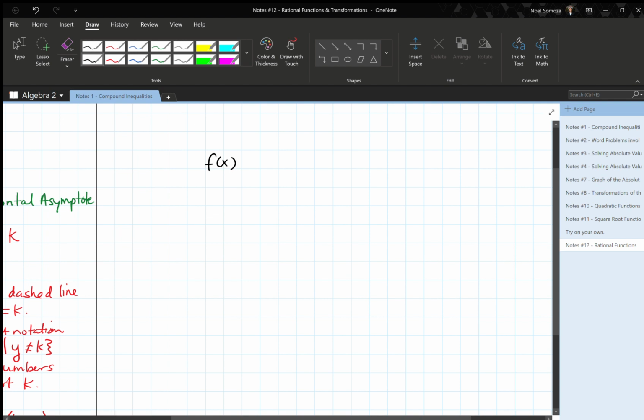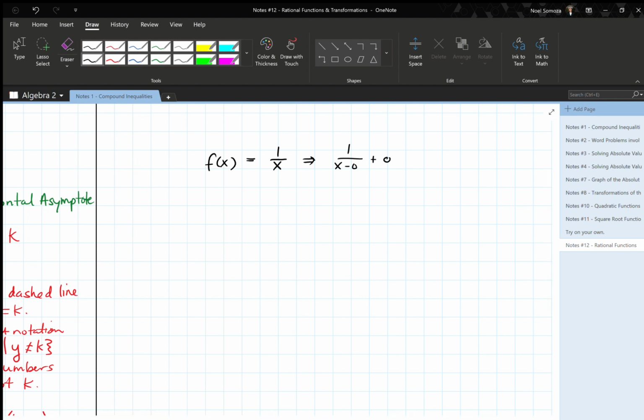Starting with the parent function, we have f of x is equal to 1 over x. Just like always, it's hard to see what h and k are when the function is written like this. So I'm going to rewrite it as 1 over x minus 0 and then plus 0. Notice that nothing has really changed. If you subtract nothing from the denominator, you didn't change it, and if you add nothing to the outside of that fraction, you haven't changed it either.